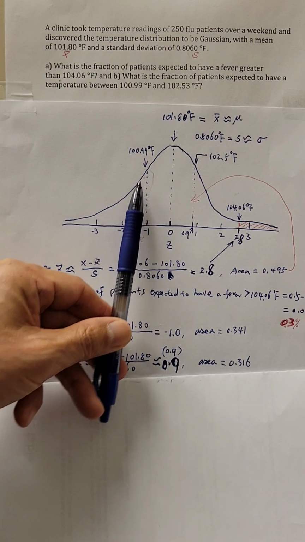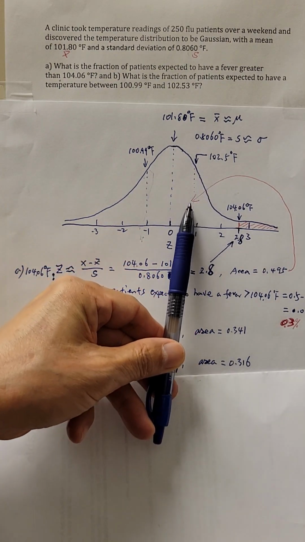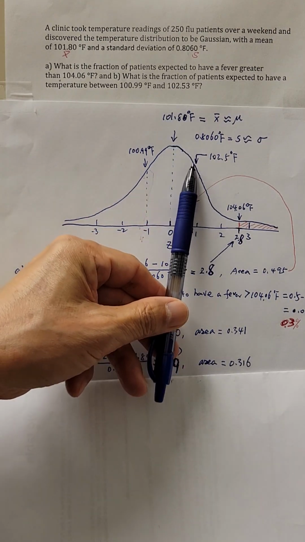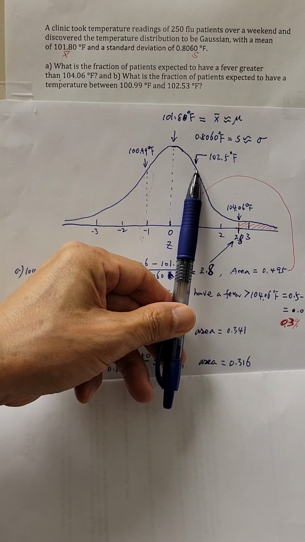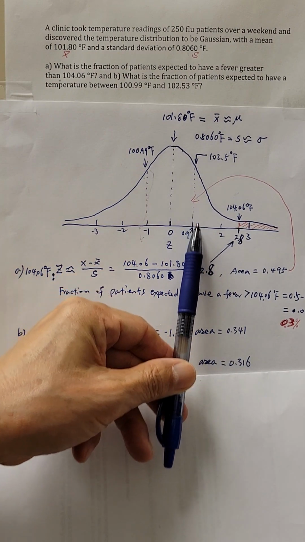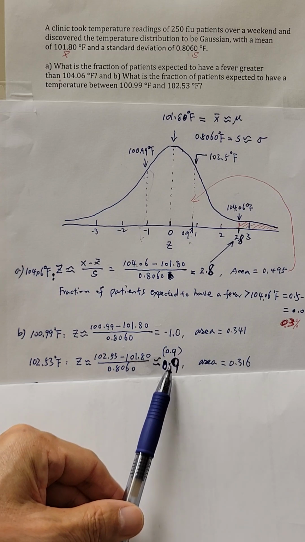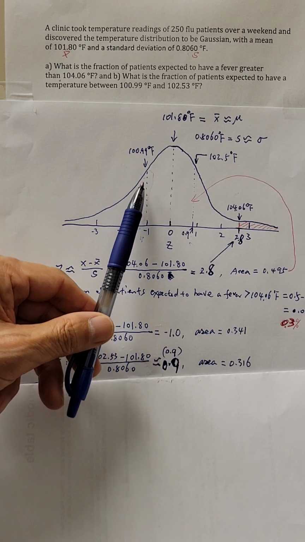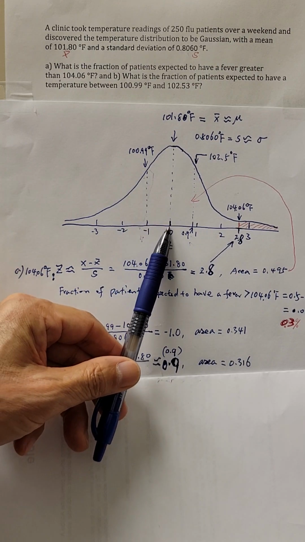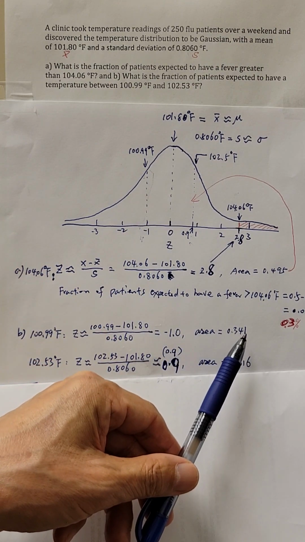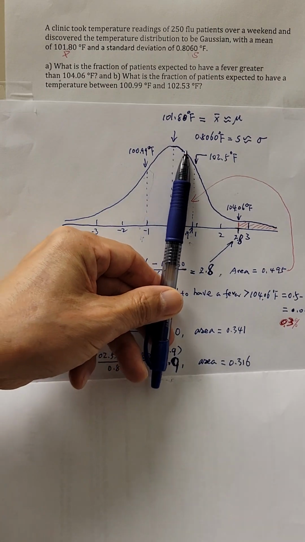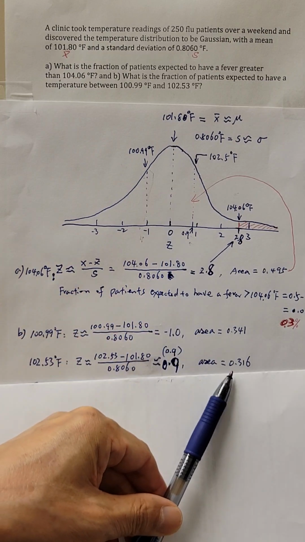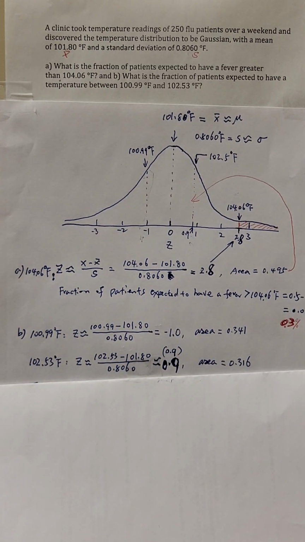Higher than that, but lower than 102.53. 102.53 is right here, and the corresponding z-value is 0.9. So now we know the two areas. The area between negative 1 and 0 is 0.341, and the area between 0 and positive 0.9 is 0.316.